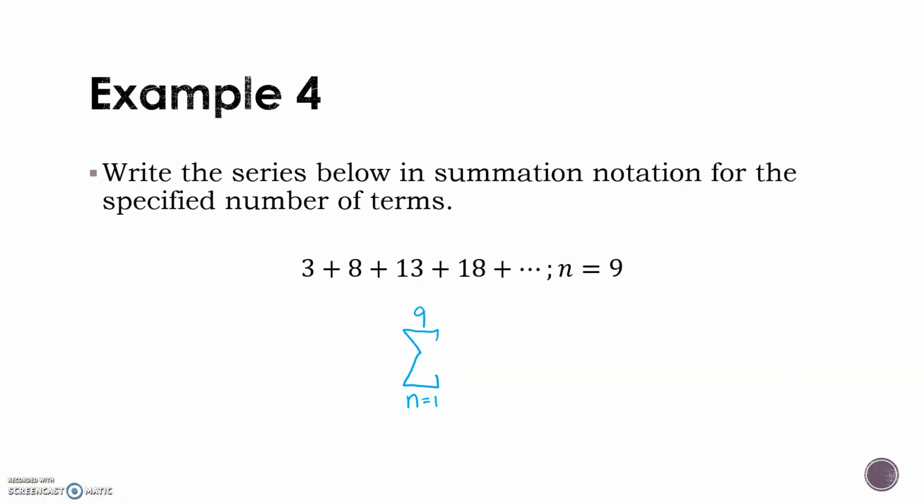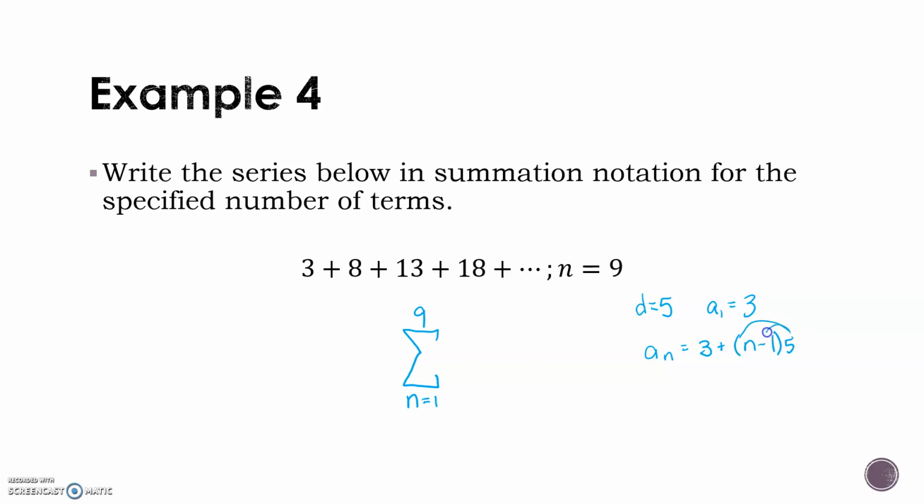Okay, so our common difference is 6. We're adding 6. Oh, no, sorry. 5. We're adding 5 every time. And then our first term is 3. Okay, so I've got a sub n equals the first term plus n minus 1 times 5.